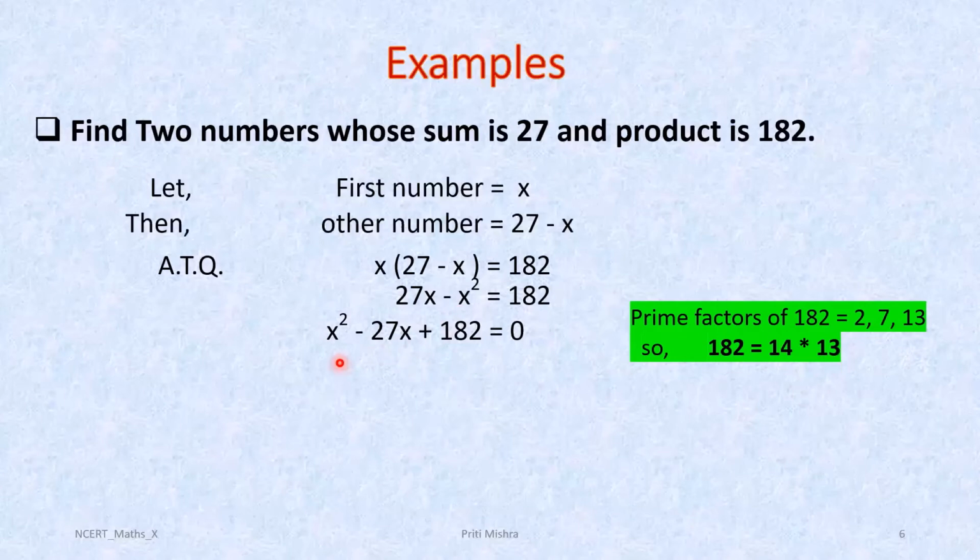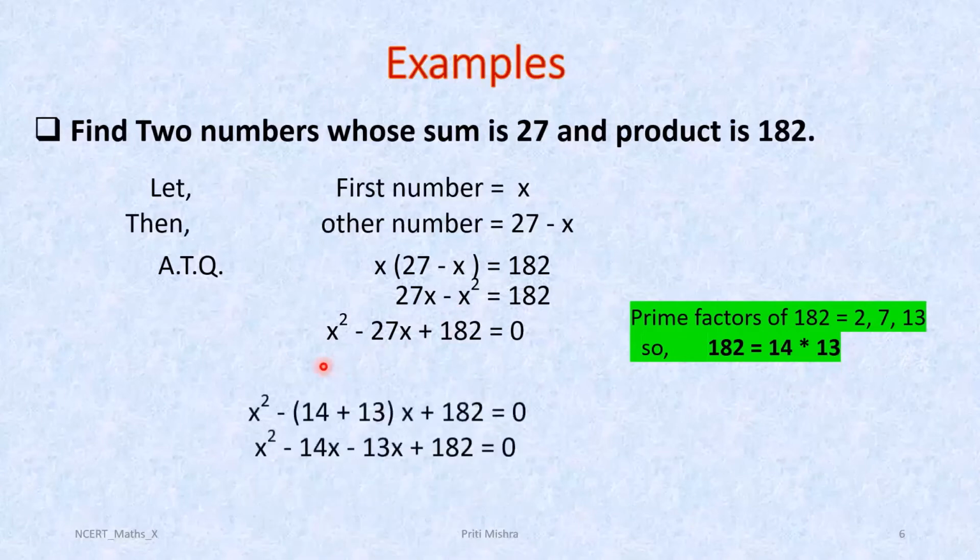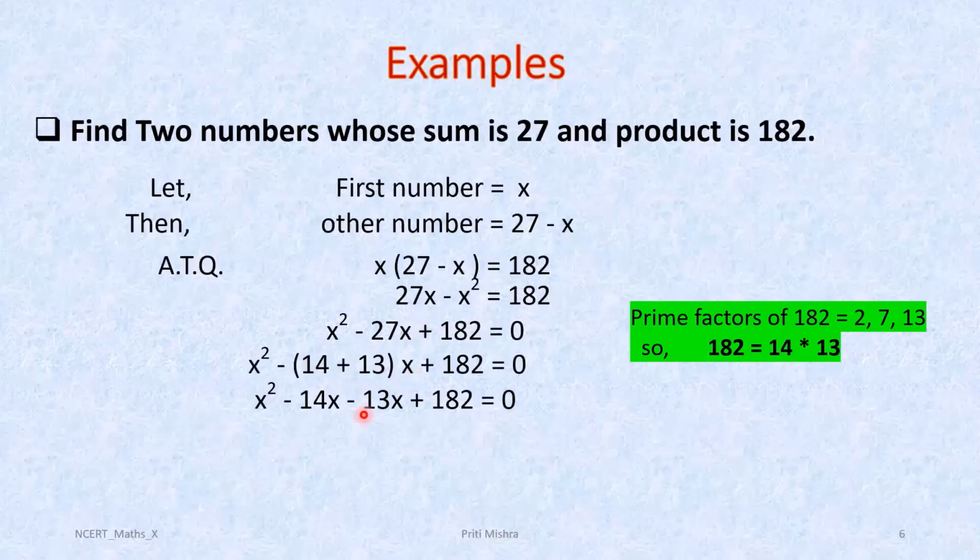So 27 will be replaced by 14 plus 13. After simplification, we have x square minus 14x minus 13x plus 182 is equal to 0. Now from the first two terms, we take x as common, and from the last two terms, we take 13 as common.